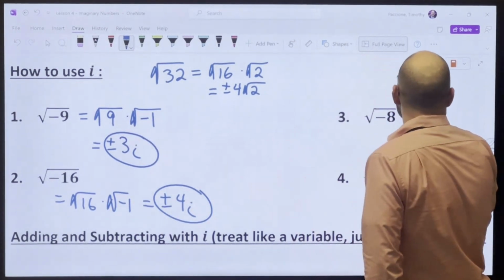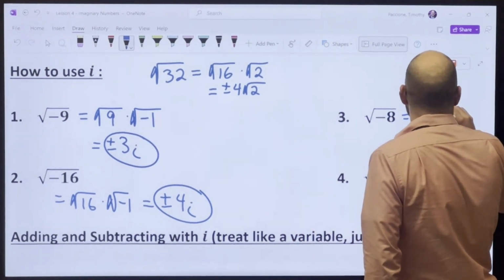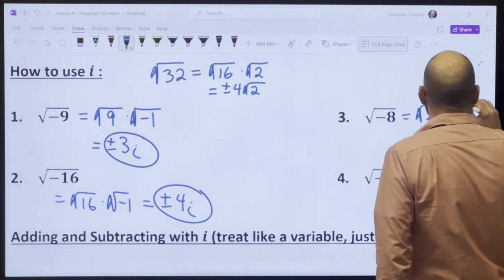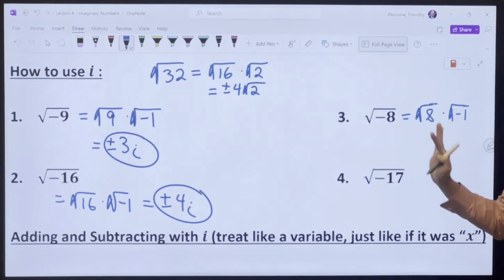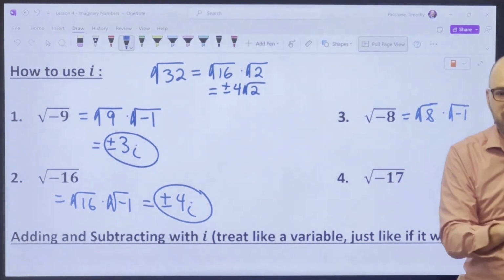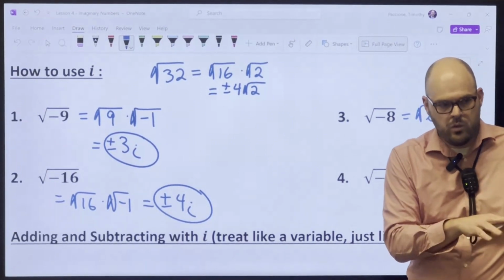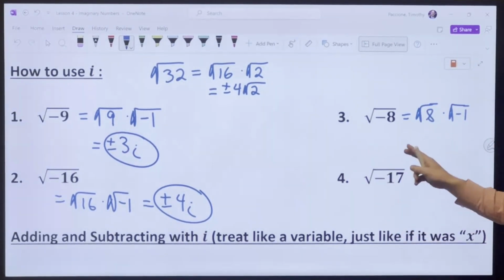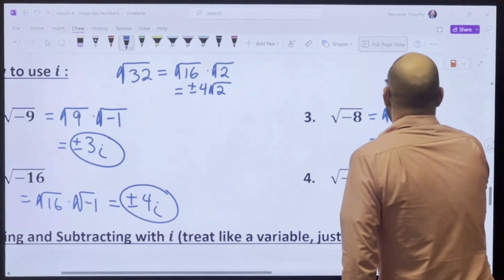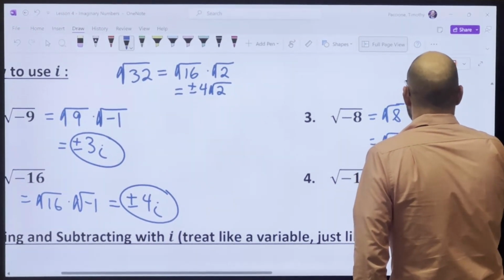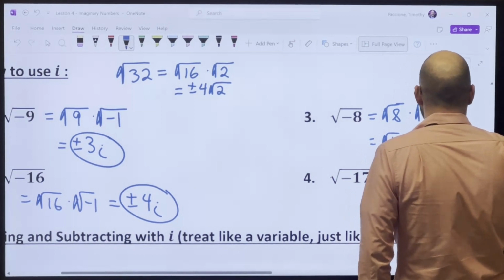So square root of 8 times the square root of negative 1. First thing we do is get that negative out of there so we can work with the 8. And then the 8 we can break down further into? Well, it's a positive 8 now. So now it would be square root of 4 times square root of 2 times the square root of negative 1.